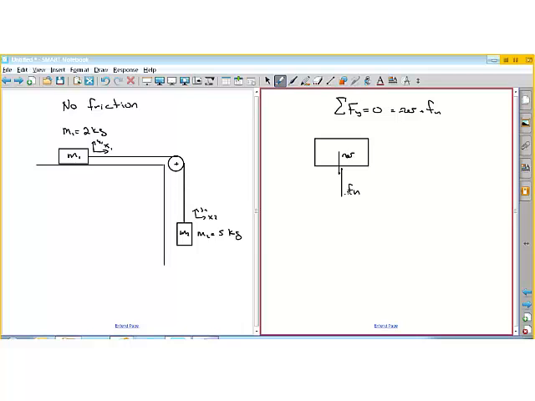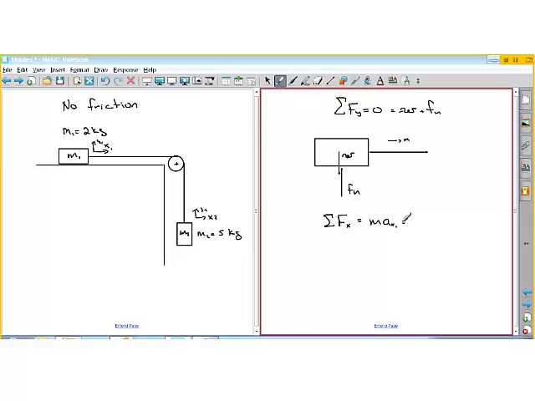The one that's important is the sum of the forces in the x direction on this. So what's happening in the x direction? Well, you have a tension on this cable. This tension is going to pull this thing to the right, and I'm defining x positive in this direction. And because it is moving, the sum of the forces equals the mass times the acceleration in the x direction for object 1.